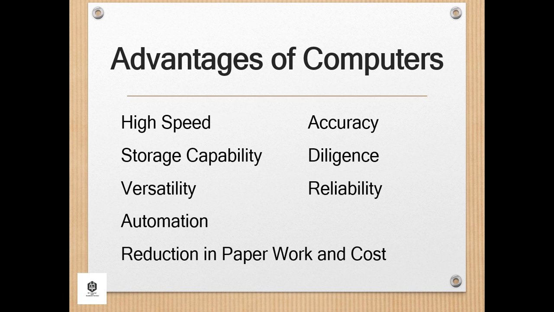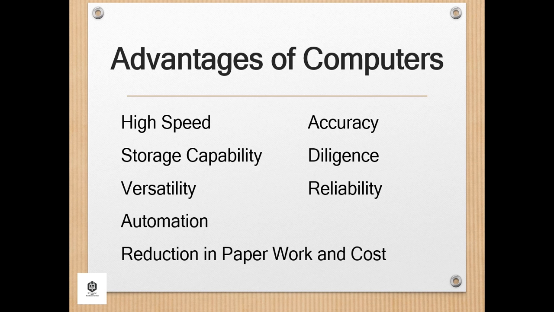A computer is a very versatile machine. A computer is very flexible in performing the jobs to be done. This machine can be used to solve problems related to various fields. At one instance, it may be solving a complex scientific problem, and the very next moment, it may be playing a card game. So that's the versatility.